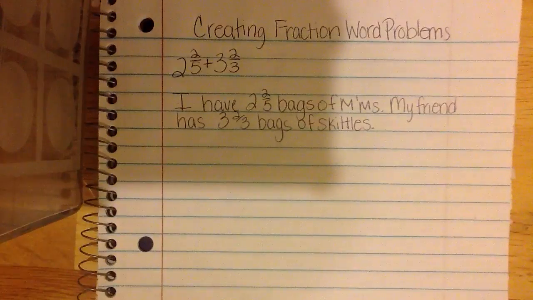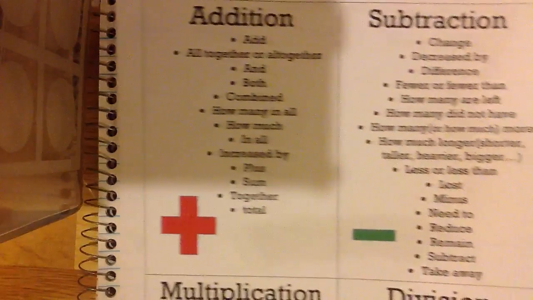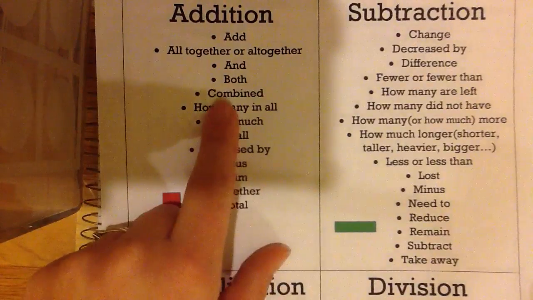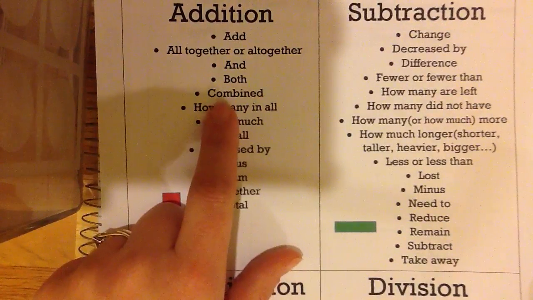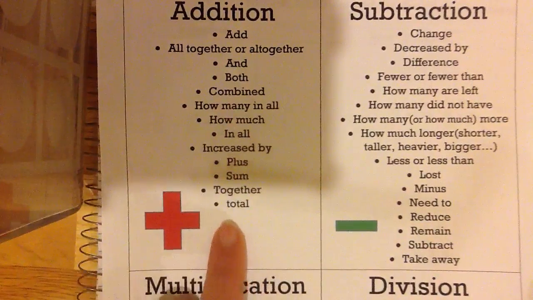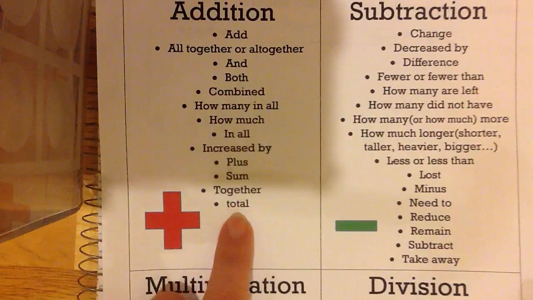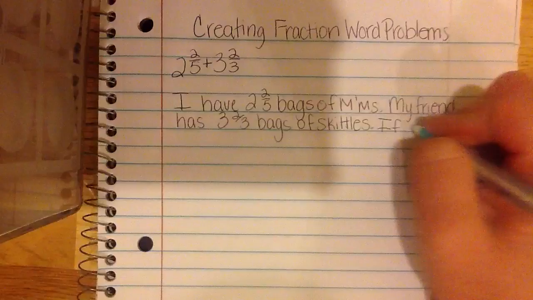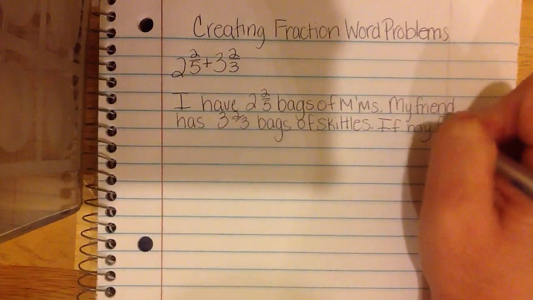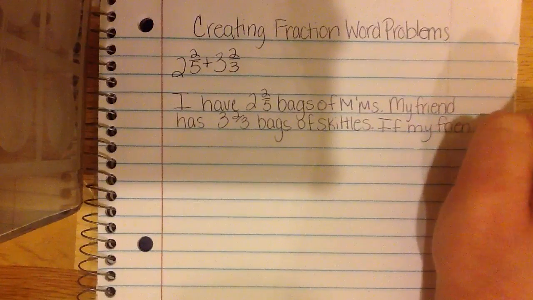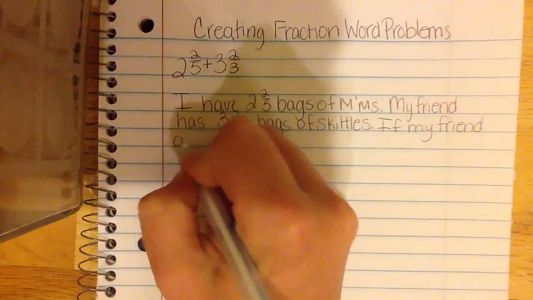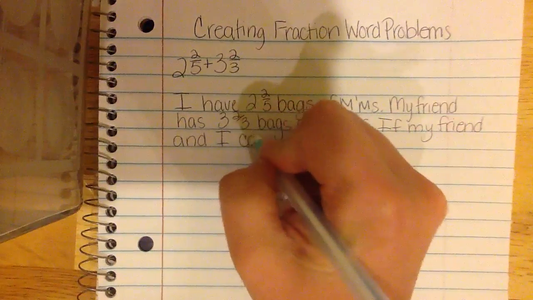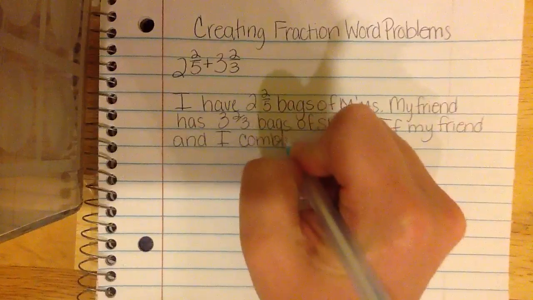So what do I want to do? Let's go back to my action words. I'm going to flip back and look at it. If we combined our candy, how many total bags would I have? So I'm going to use that action word that I saw, combined.